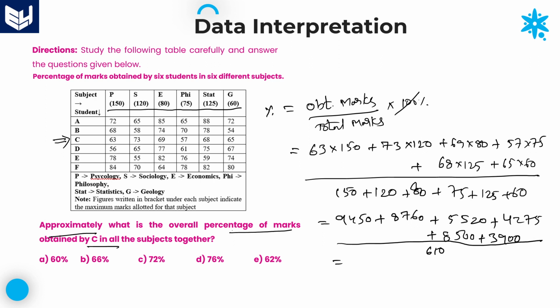Add all the values in the numerator: 9450, 8760, and then 5520, and next 4275, and then 8500, and then 3900, whole divided by 610, which is equal to, what you will get is approximately 66 percentage. That is the required answer. Option B is the required answer.